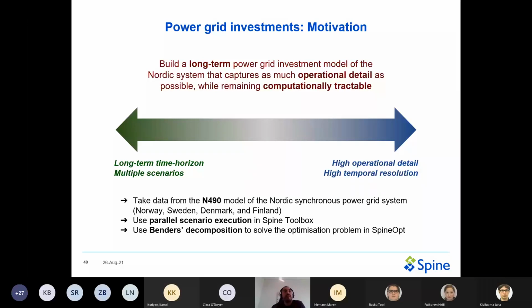And we want to use these two features of Spine to improve computing time. We have parallel scenario execution in Spine Toolbox, so multiple scenarios are running in parallel. And we also have implemented the Benders decomposition approach in SpineOpt, so we can decompose the investments and operations problem.